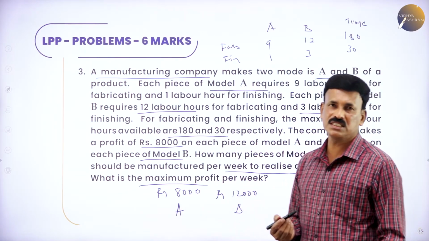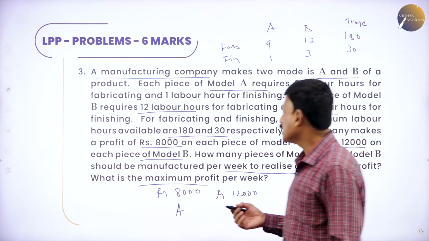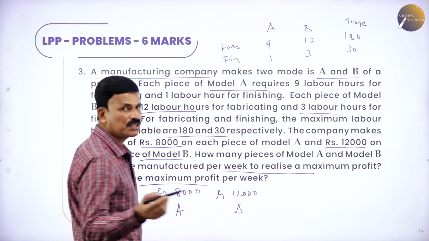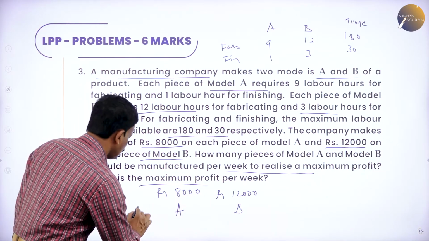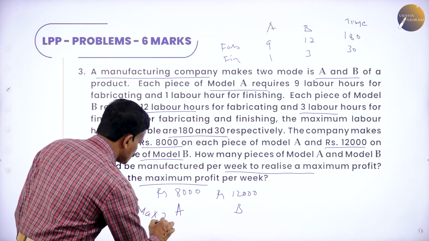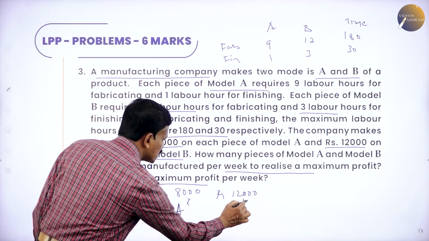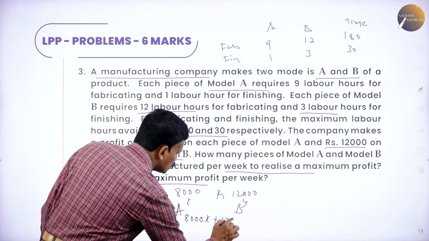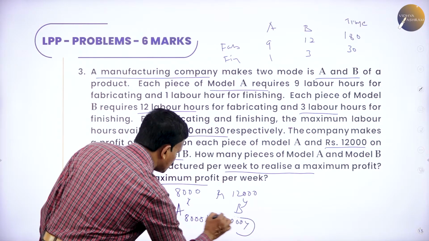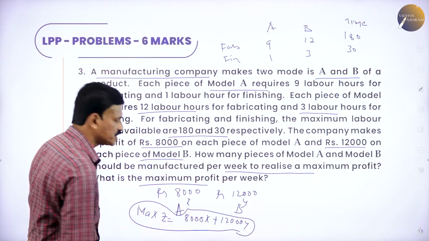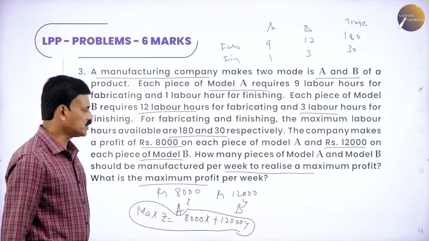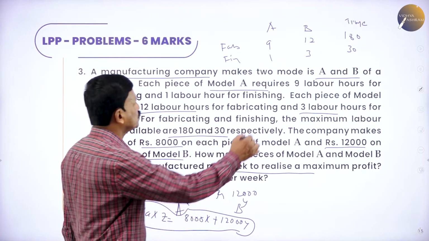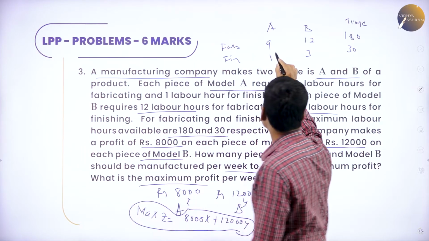Now let us define the decision variables as X and Y. Since it is a maximization problem, max Z is equal to 8,000 X plus 12,000 Y. This is the objective function, subject to the constraints. What are the constraints?